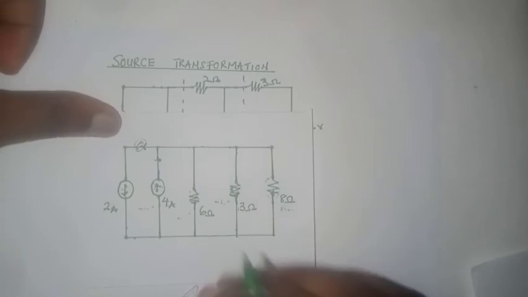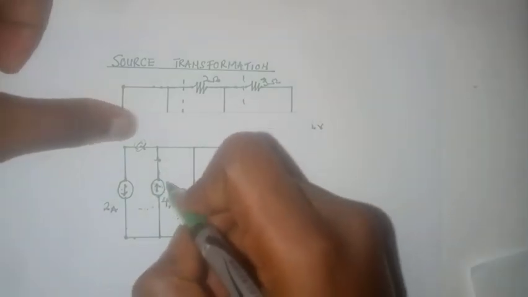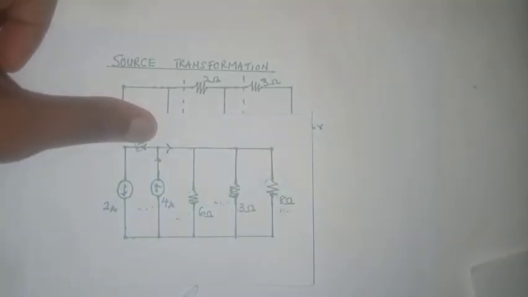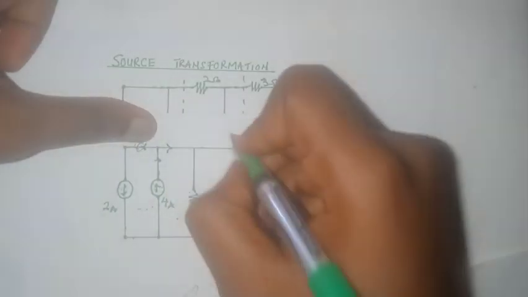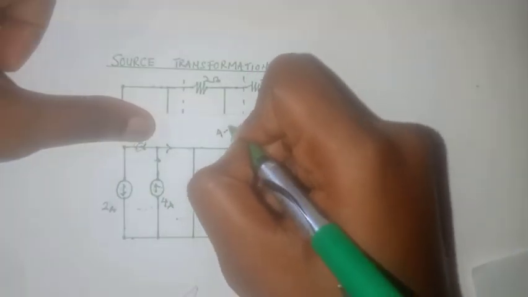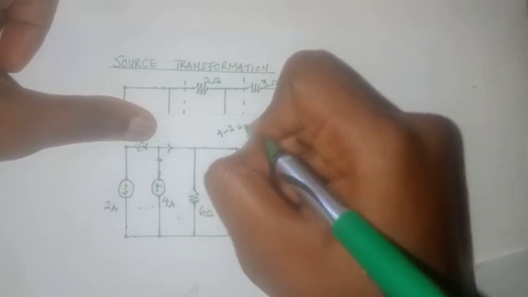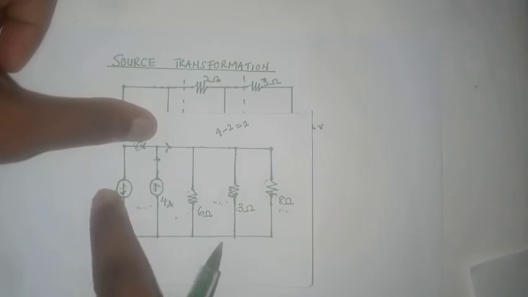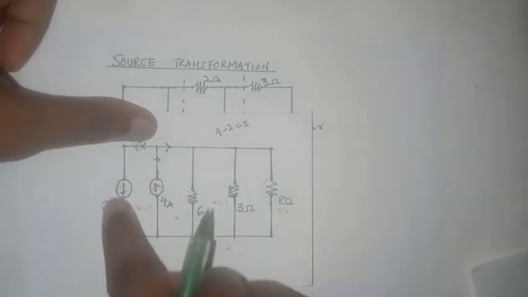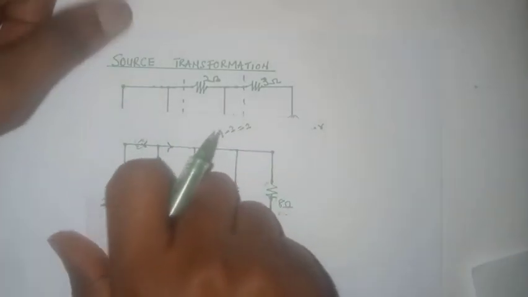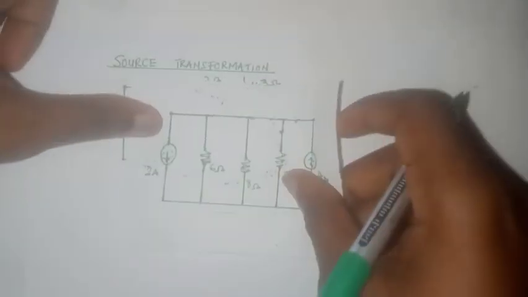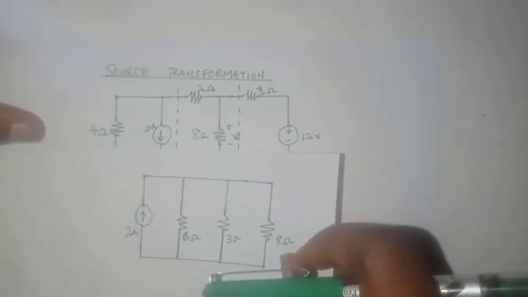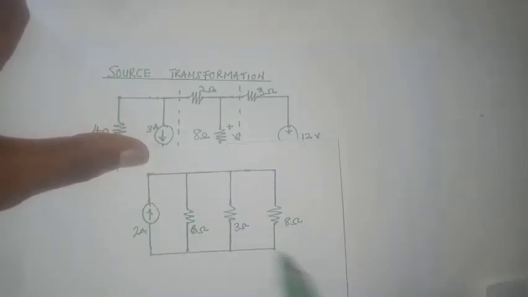And so therefore, what is left of the 4 amperes of current is what is leaving the node in this direction, and that would be 4 minus 2, which is 2 amperes. So basically, we can replace these 2 current sources with one current source, and that would be a 2 ampere current source. Okay. And the circuit would look something like this.